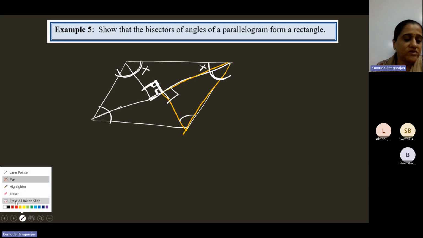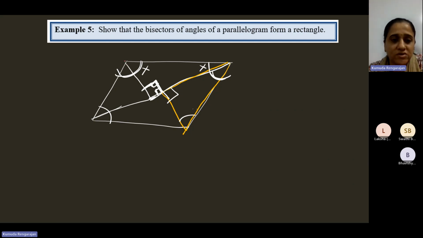So which is the triangle in which we have these two angles? This triangle. In this triangle, we have this angle and this angle, so this angle is 90 degrees. Straight away we'll get this 90. No need to use vertically opposite angle. Straight away we get the angle in that figure.